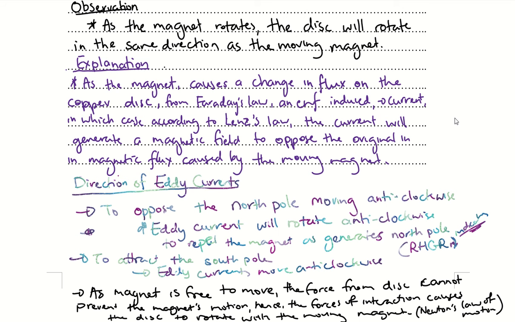So as the disk is trying to pull and push the magnet back, the magnet is also pushing and pulling onto the disk to make it rotate. So it's caused by the induction of eddy currents on the disk and the continuous motion of the magnet that causes the disk to rotate.